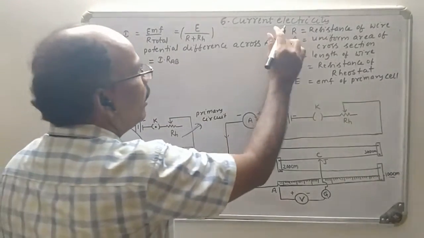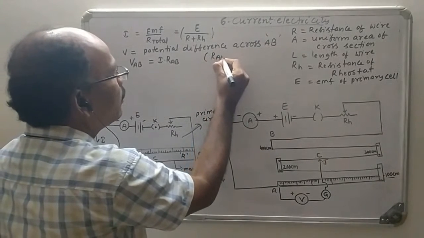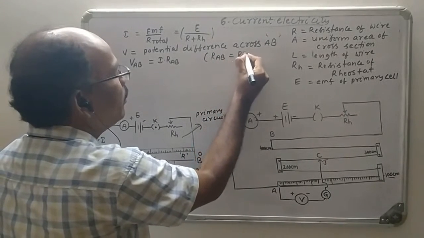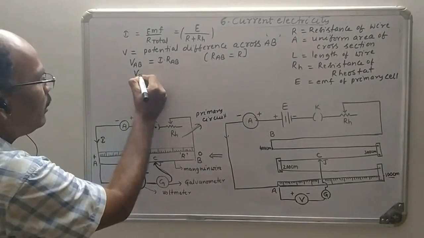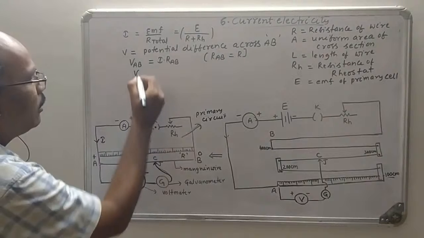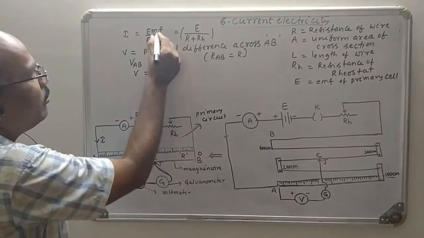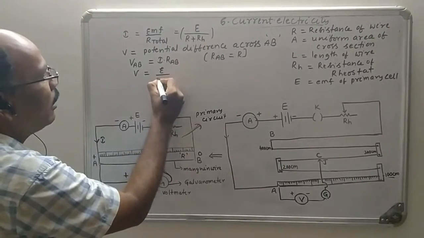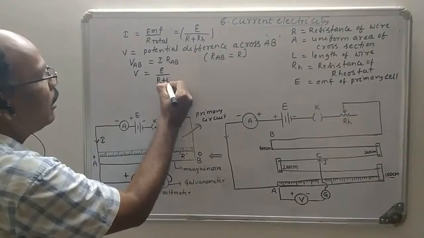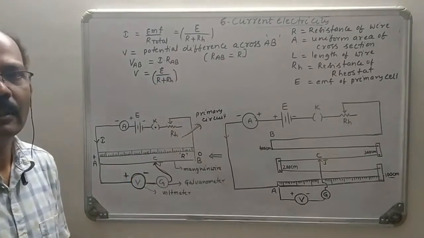So RAB is nothing but R. Then VAB means V. So V is equal to I, which we can write as E by R plus RH, into RAB.